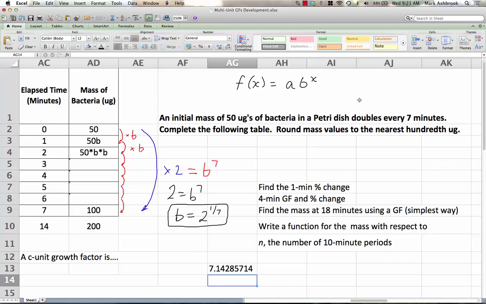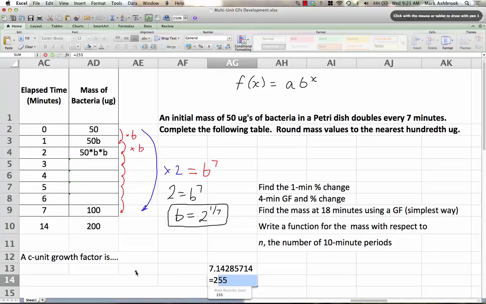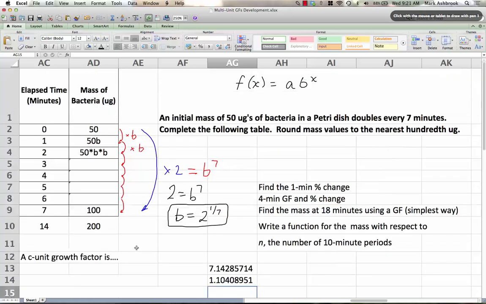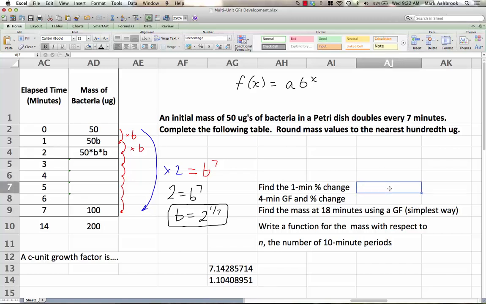Okay, so how do we find the 1 minute percent change? We need this 2 to the 1/7, which equals 1.104. So the 1 minute percent change is 10.4%, right?